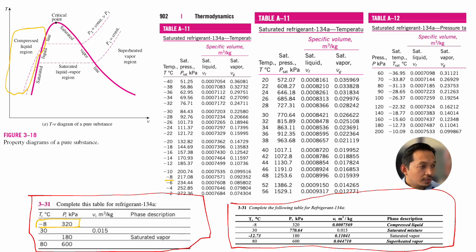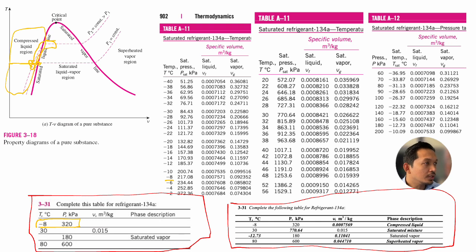This point given here, minus 8, 217 kilopascal, is located exactly at this point, right? Since the pressure is higher, it might be referencing a higher saturation pressure. But since it's minus 8, it might coincide with that line.